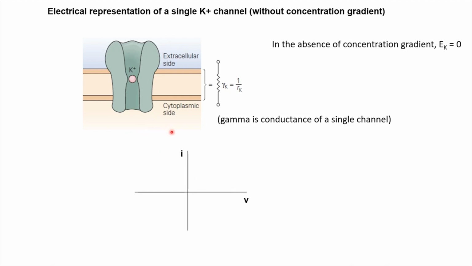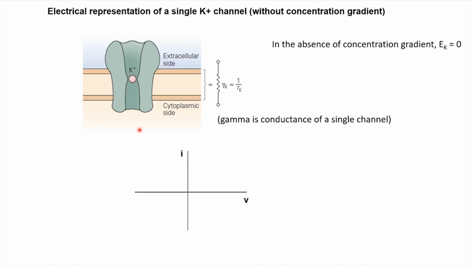Now if you change V, so let's say we increase the value of V, then we are changing the electrical gradient while the concentration gradient still remains 0. So there is a disbalance, and when that happens, the ions will move in a way so that the two can again come in equilibrium.